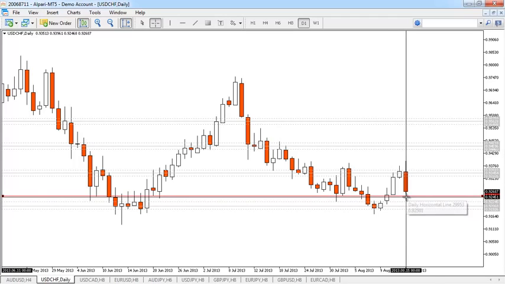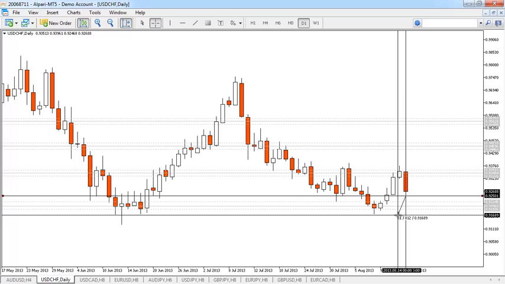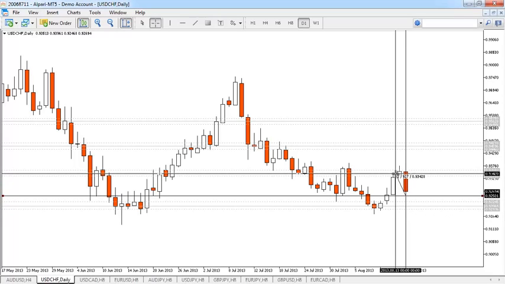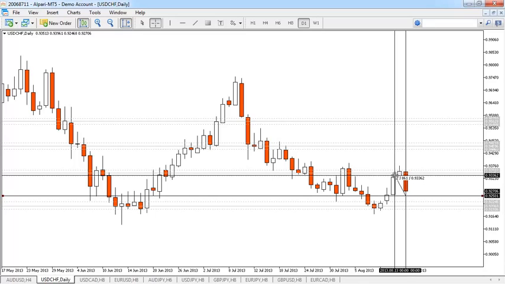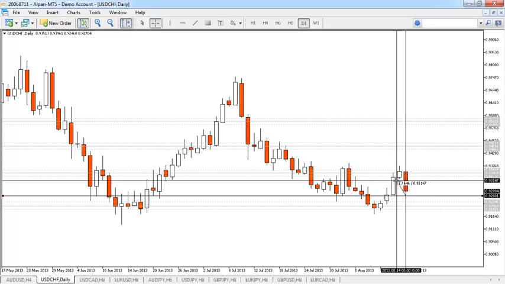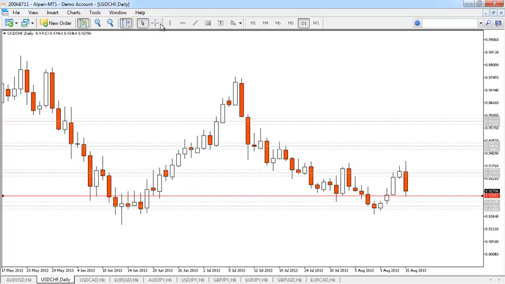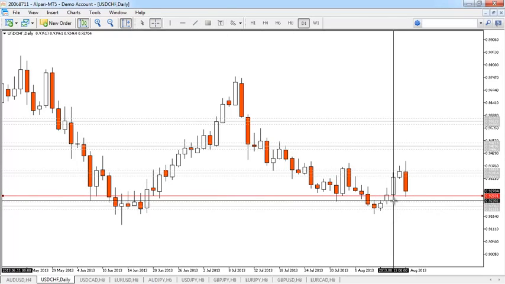Because if I trade it up here, it'll just be way out of my money management rules because I'd be risking 80 pips and only gaining 90 pips. My maximum gain on this trade would be 90 pips, and that would not work with my money management rules. So I would have to wait for the retrace.